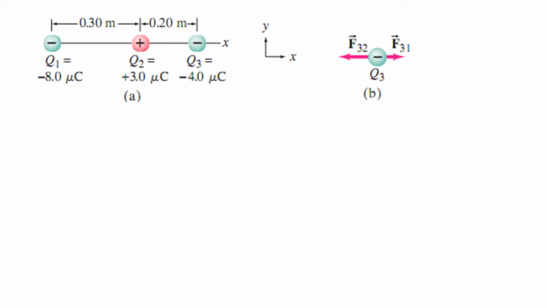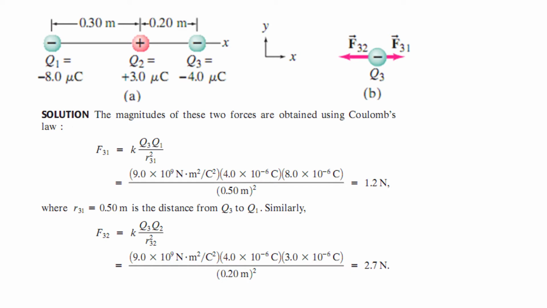Then here we have our diagram. This means that the force on charge 3 due to charge 1 equals K Q3 Q1 over the distance between charge 1 and charge 3 squared, equals 9 times 10 to the power 9 times the charge 3, minus 4, and then we use absolute values, positive numbers, 4 times 10 to the power minus 6, times the charge 1, 8 times 10 to the power minus 6, divided by the distance between charge 1 and charge 3, 0.5 meters, squared.